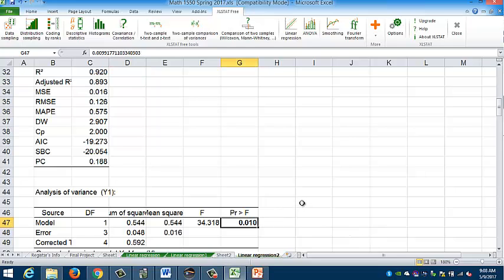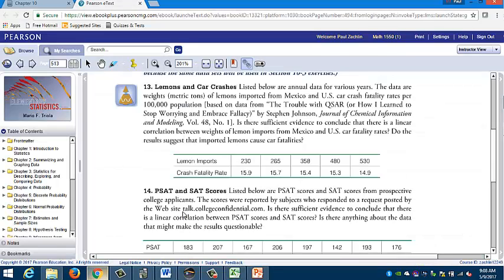I guess there is a correlation. Weird. All right, let me go back to the problem. According to my calculations, is there sufficient evidence to conclude that there is a linear correlation between weights of lemon imports from Mexico and U.S. car fatality rates? Yes, there's a correlation.